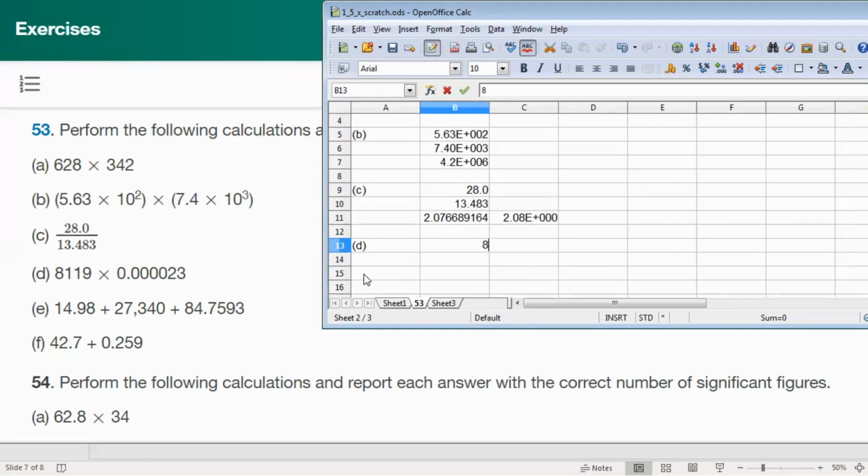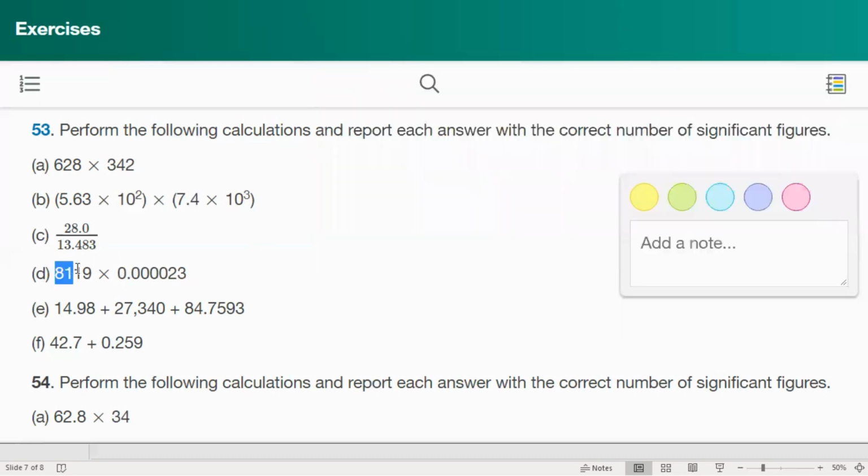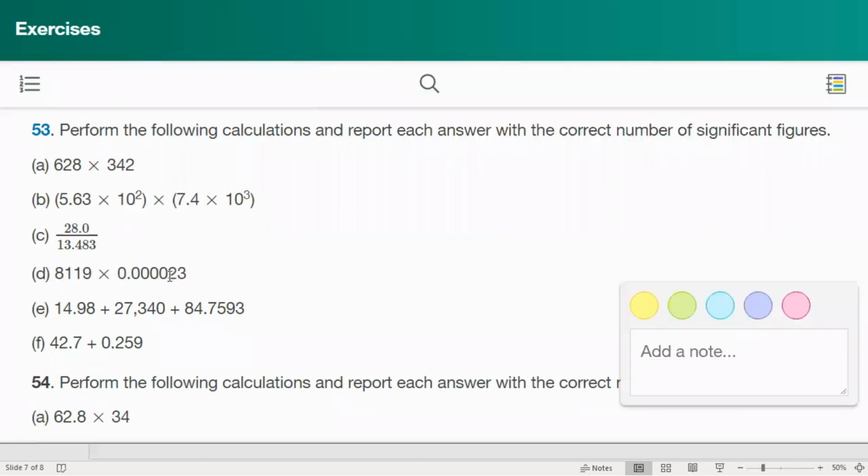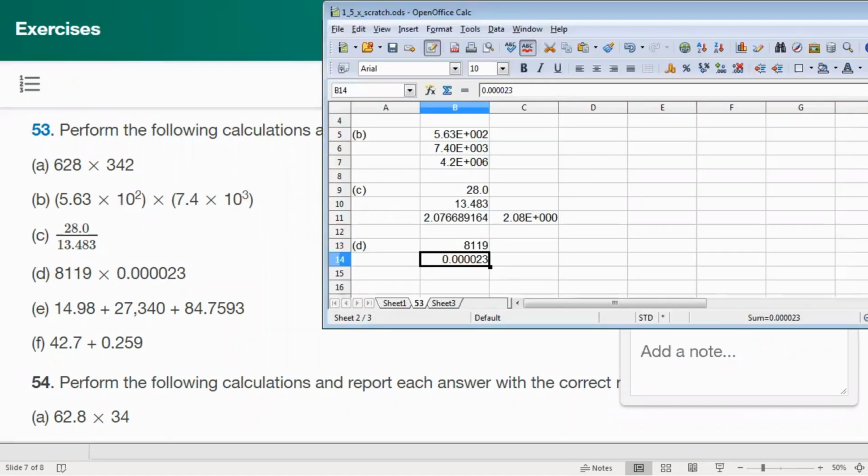We have 8.119. I'm sorry, not 0.8119 and 0.000023. So this number has 4 significant figures. This one only has 2. Hopefully you see that. We're going to do multiplication.